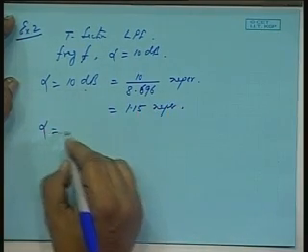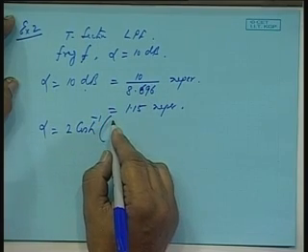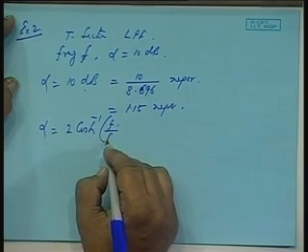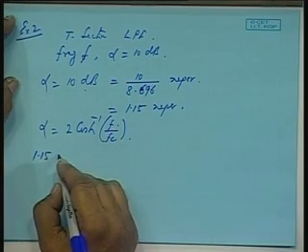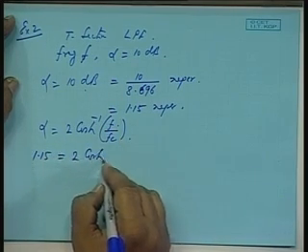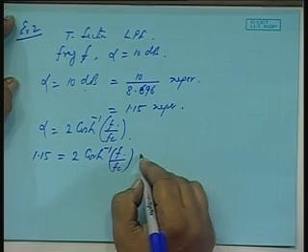So, alpha is equal to twice cosh inverse f by f c, that is, 1.15 is twice cosh inverse f by f c. Okay.